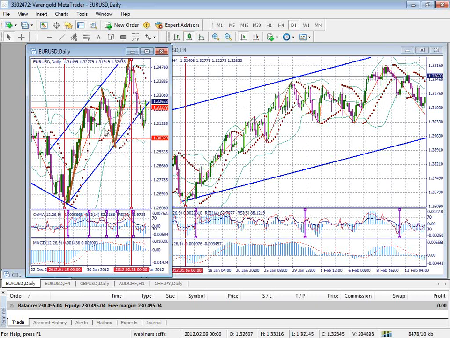I think that is okay if you are not putting the stop loss so short.